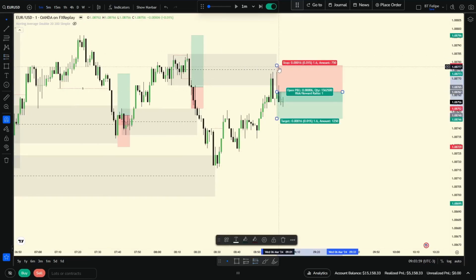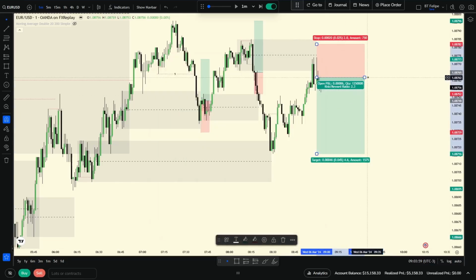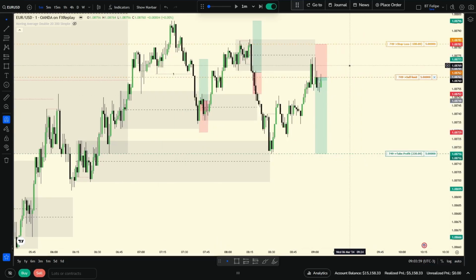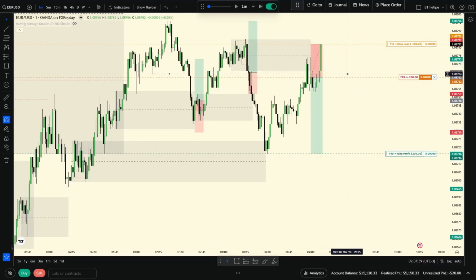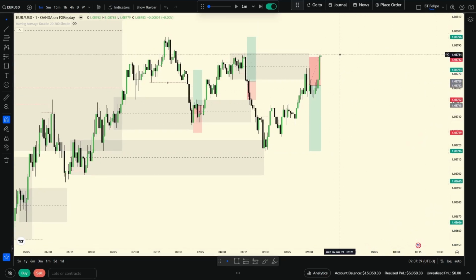Yeah, I'll try something like this. 2 pip stop, 2.3R. This looks good. Yeah. Okay, didn't hold.